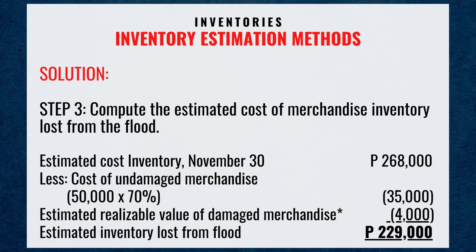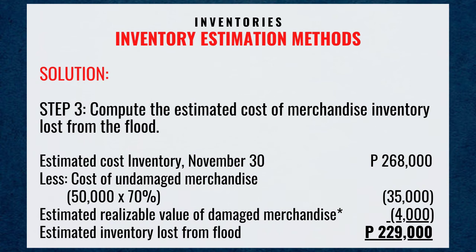Step 3. Compute the estimated cost of merchandise inventory loss from the flood. Estimated cost of inventory, November 30 is 268,000 pesos. Less cost of undamaged merchandise, 50,000 pesos times 70% is 35,000 pesos.